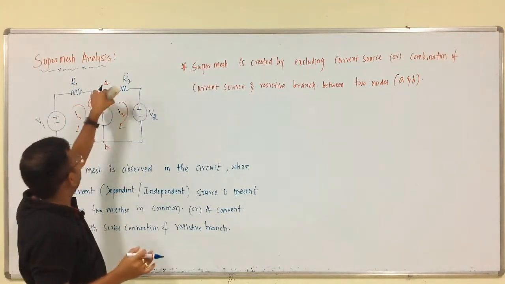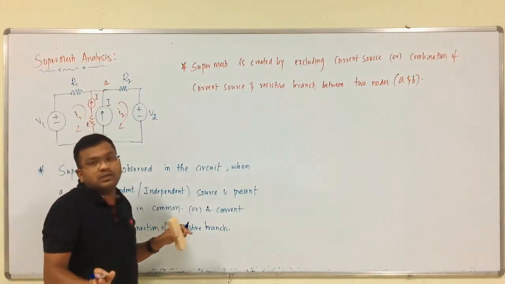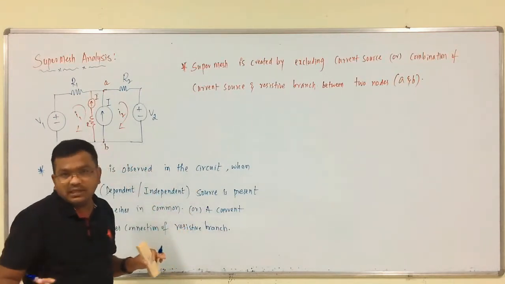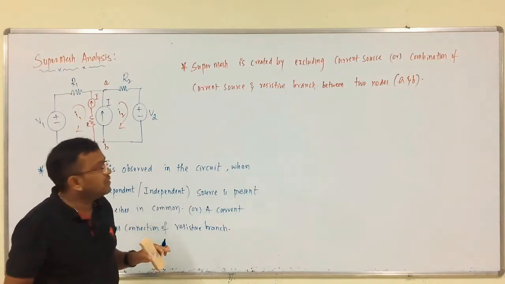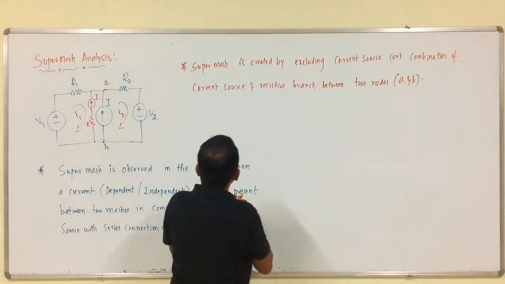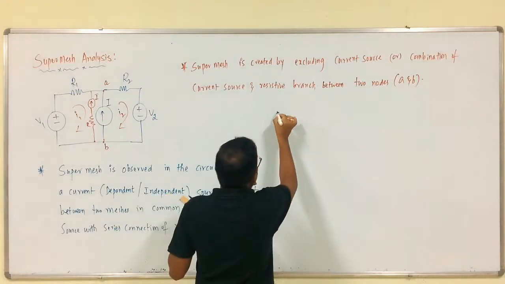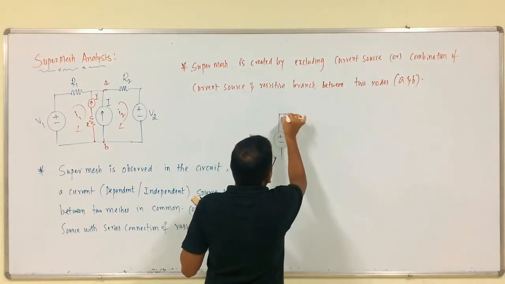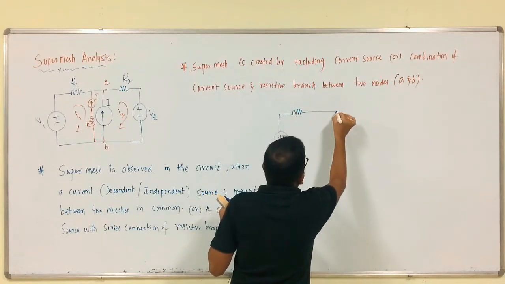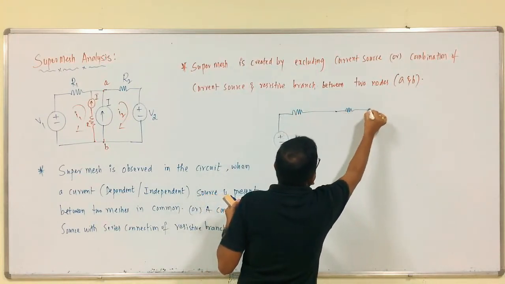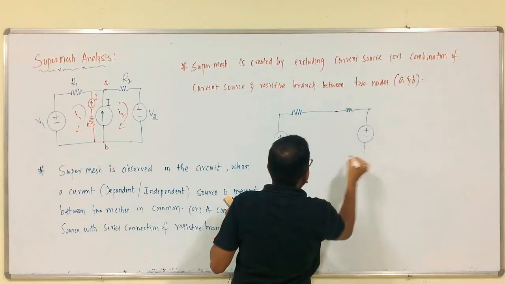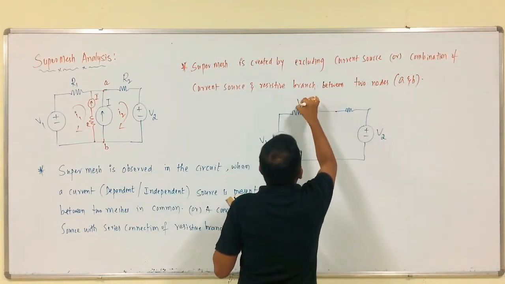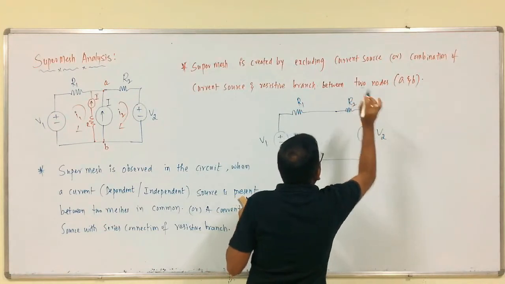In between A and B, if we have a current source, simple, remove that branch, that is it, and we get the super mesh. Therefore, the modified circuit becomes plus minus, plus minus, this is V1, this is V2, this is R1, this is R2, right.